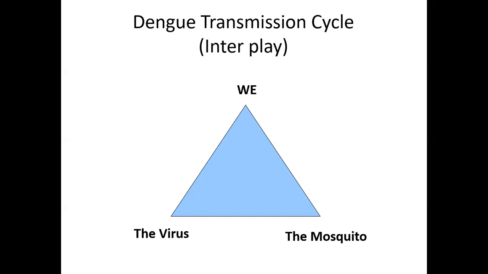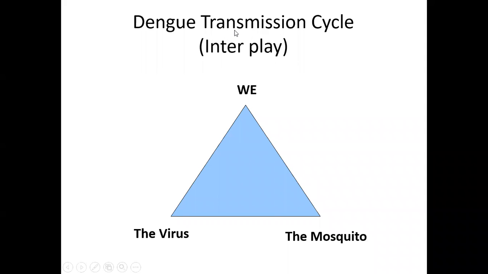So this is the dengue virus transmission. How does the dengue transmission occur? Three factors play the role. The mosquito transmits the virus to human beings. So the mosquito transmits the virus to us, and this is the interplay of the 3 factors: the mosquito, the virus, and the human beings.